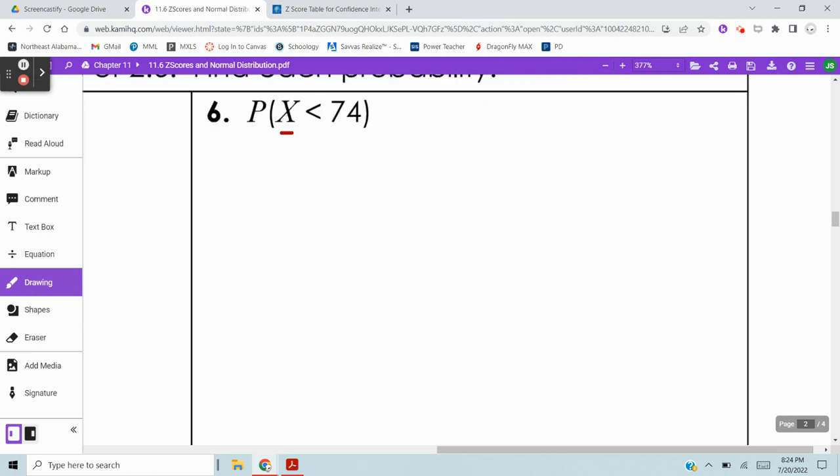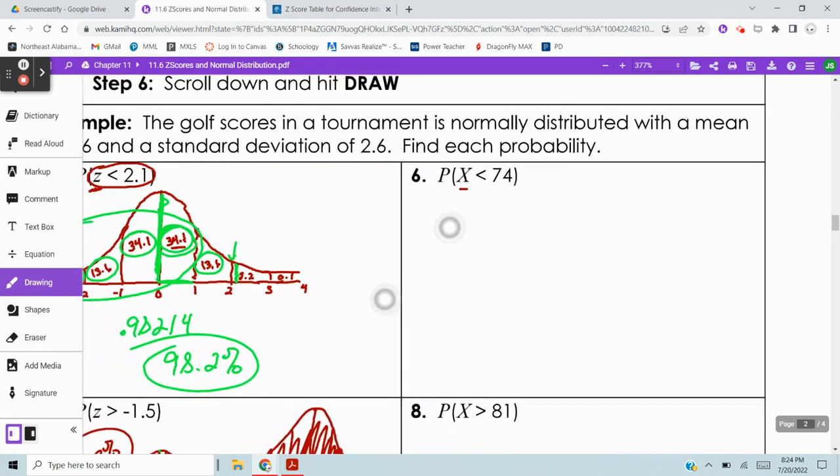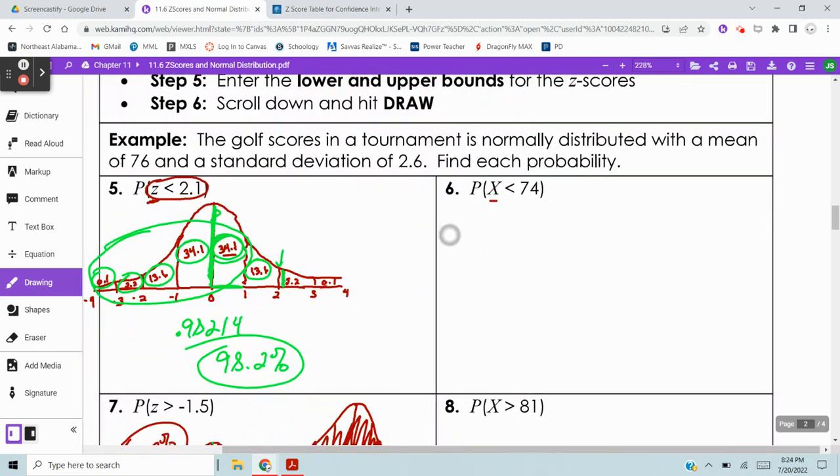Now let's go back to number 6 and show you how that actually corresponds with what if they give you an actual value. Just a quick reminder that in order to find a z-score given an actual value, you take that value, you move it left, whatever the mean is. So notice we're going to have a negative z-score here, and then we're going to divide by the standard deviation.